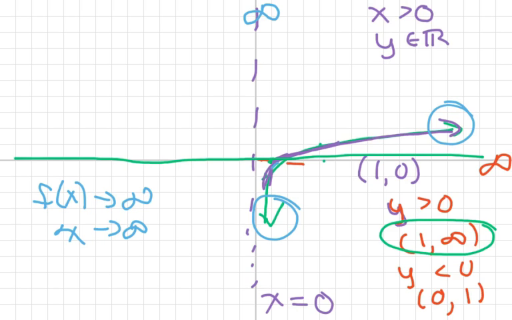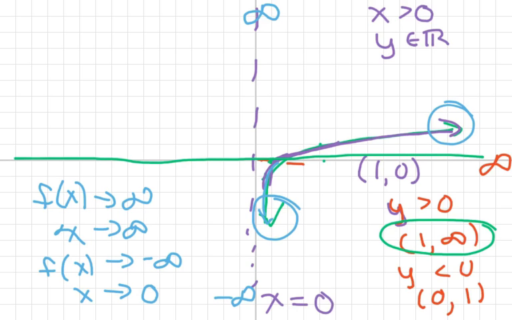And here, as y approaches negative infinity, your x approaches 0, because it can't be over here. And it's one-to-one, so we can find the inverse.